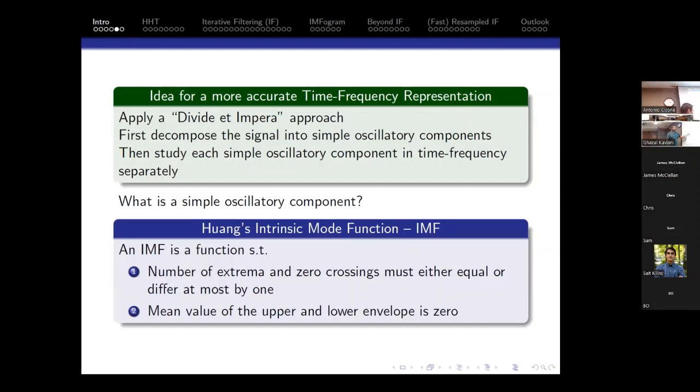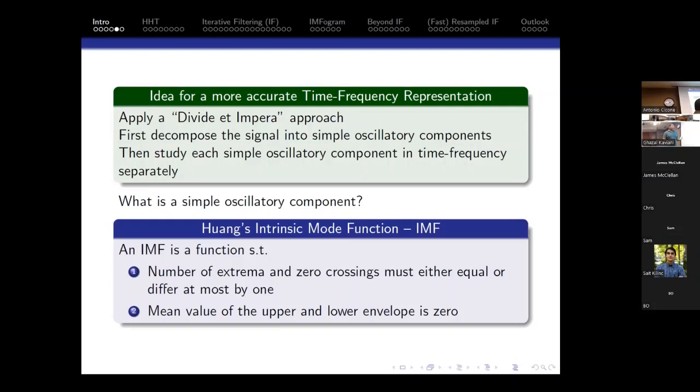So you want to have extrema, maxima, minima, with the same number of zero crossings, which, if you want, translates into all the maxima being positive and all the minima being negative. Okay, and then you want the function to be symmetric with respect to the horizontal axis, which means you take an envelope connecting the maxima, an envelope connecting the minima. These two envelopes have to be symmetric.